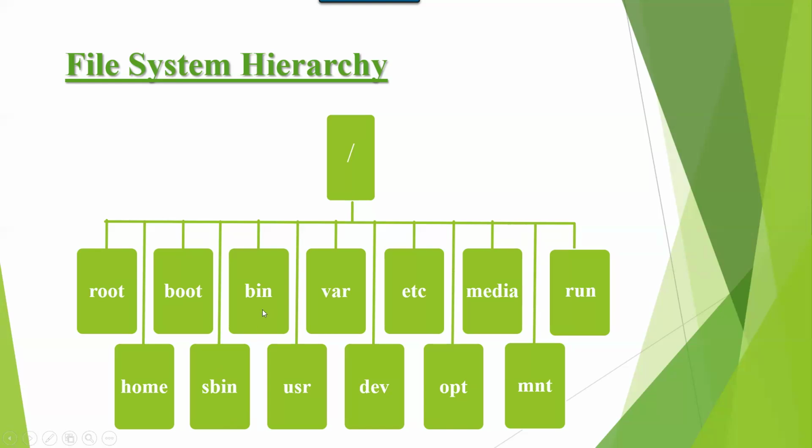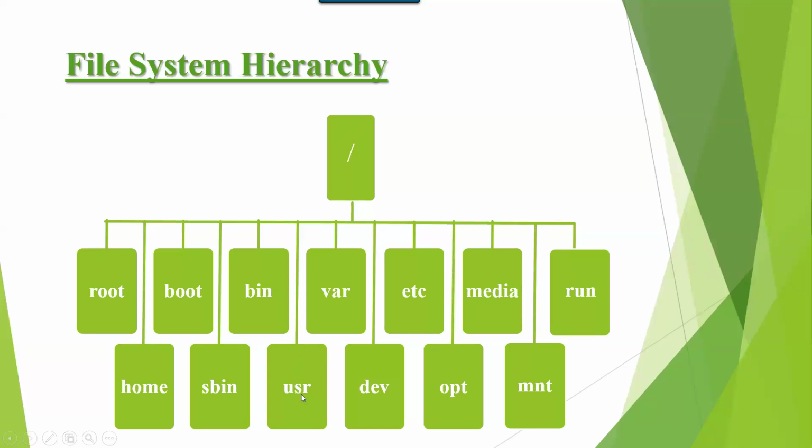Bin contains normal user commands. After installing the operating system, we regularly use commands. Once the OS installation is done, daily labs will be there, and at that time you can see what commands we use. Bin contains normal user commands, the commands which can be executed by a normal user. The commands are stored under bin.